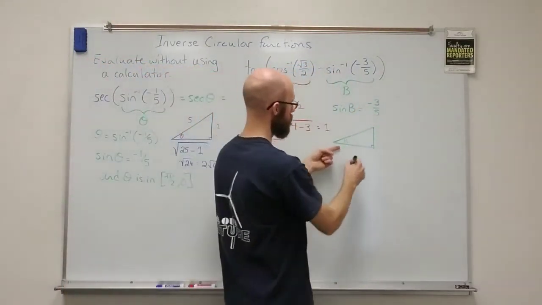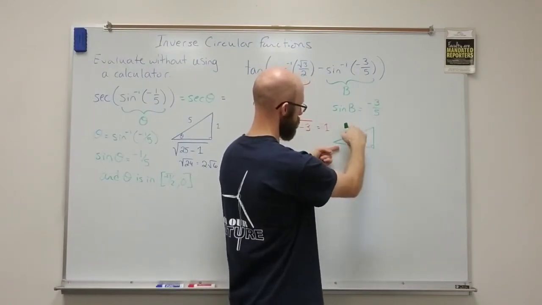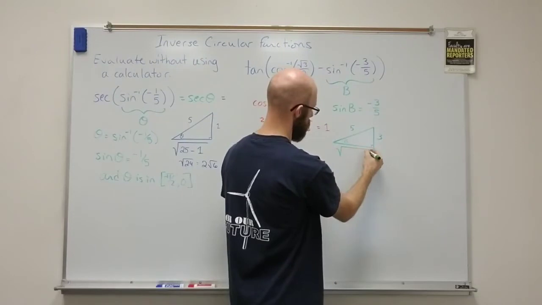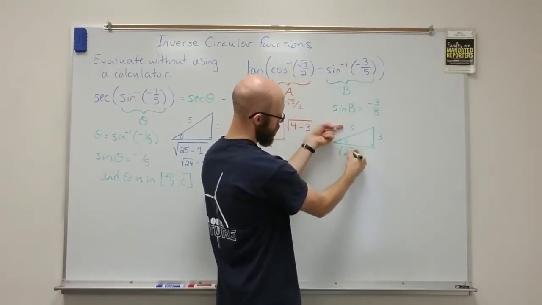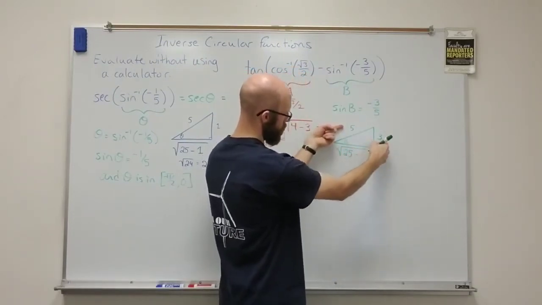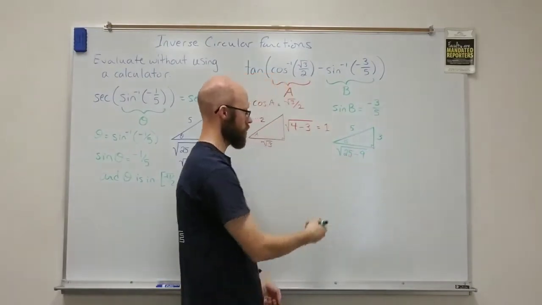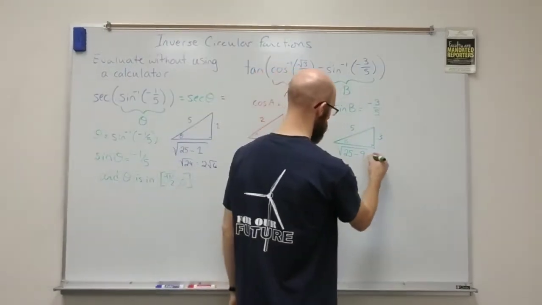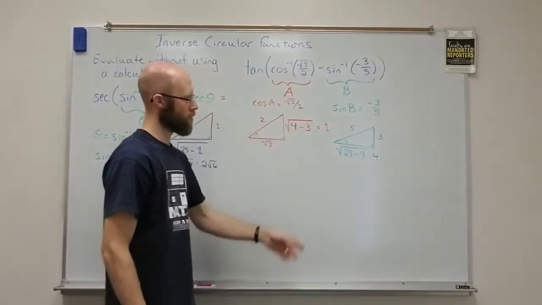B is going to be, let's see, sine is opposite over hypotenuse, so it's 3 and 5. And then this guy here is the square root of the hypotenuse squared minus that side squared. Well, that's 25 minus 9 is 16. The square root is 4. So that equals 4. It's a 3, 4, 5 triangle.